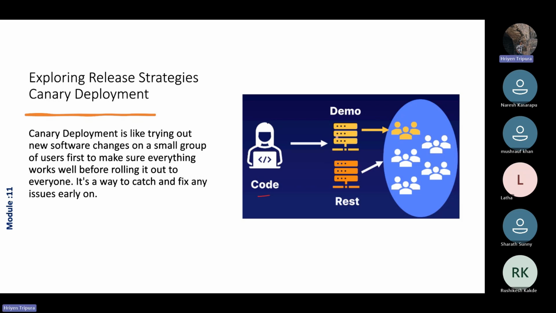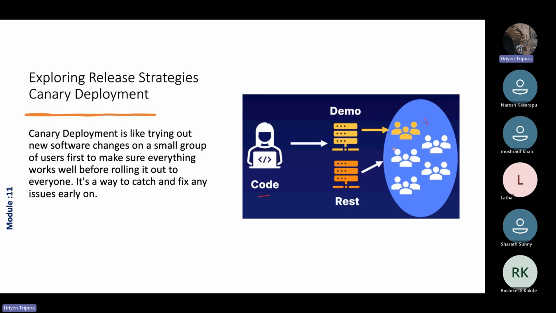For example, in our demo, we have three sets of users or groups. Let's say one group of users, or certain users, they will define here. Whenever there is any issue, if you deploy to the entire environment, the traffic you're sending means people who are accessing this application will also be affected, right?